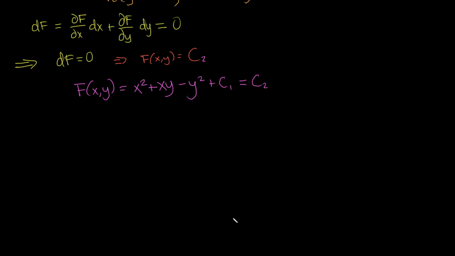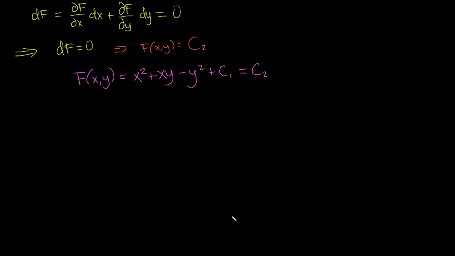So we're left with the solution to our differential equation implicitly defined by the relationship between x and y, that x squared plus xy minus y squared equals yet another constant, c3. And this is the final implicit solution to the differential equation.